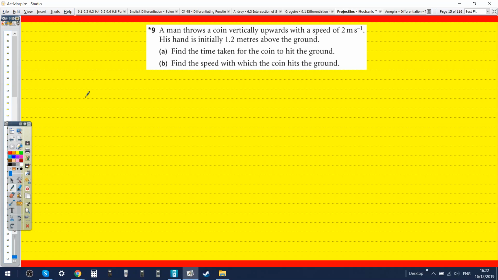So if we were to draw a diagram, would we take the first amount of distance as the 1.2 meters and then use that as like a projectile? So we know U is 2.